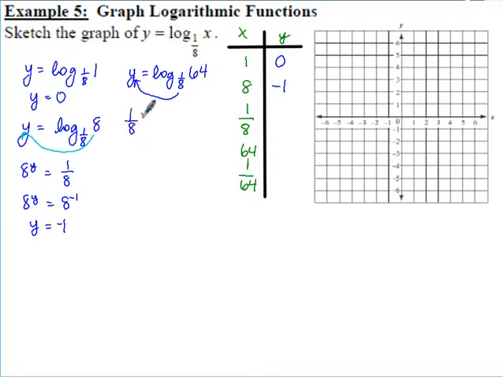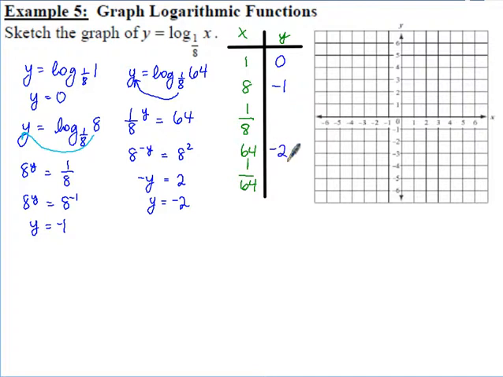So 1/8 to the y, then you have a 64. So these need to be powers of 8. So this is going to be an 8 to the negative y equals 8 squared. Negative y equals 2. y equals -2. So you're going to have a -2 here. So actually that worked out over here. I just goofed these back and forth.